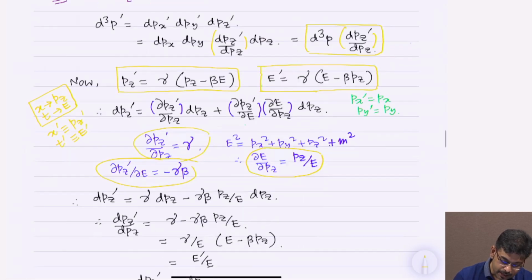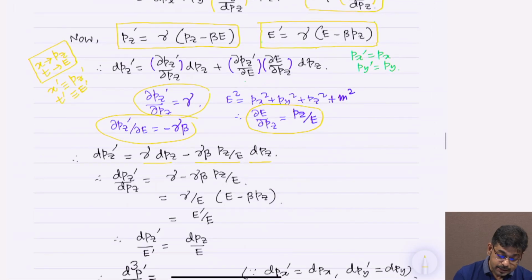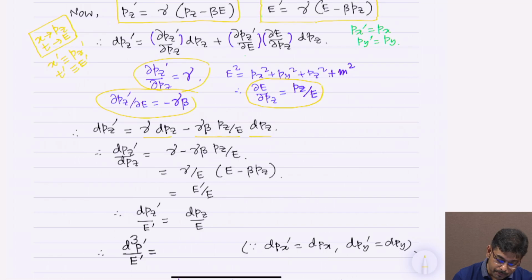Now, if I borrow all these factors which I calculated into the expression above, what we actually get is that dpz prime is gamma dpz minus gamma beta into pz by E into dpz. So, in a sense, now we are ready to calculate this factor dpz prime by dpz, and this is essentially gamma minus gamma beta pz by E. Now, you can take the gamma by E factor here outside, and then what you are left with, this will be essentially E minus beta pz.